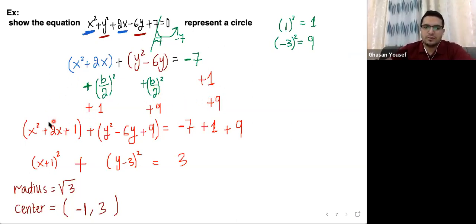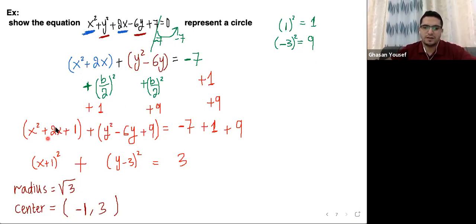Now my new equation will be x squared plus 2x plus this one. Same thing in the other parentheses: y squared minus 6y plus 9 equals minus 7 plus 1 plus 9. Now we have to factor the first parentheses.